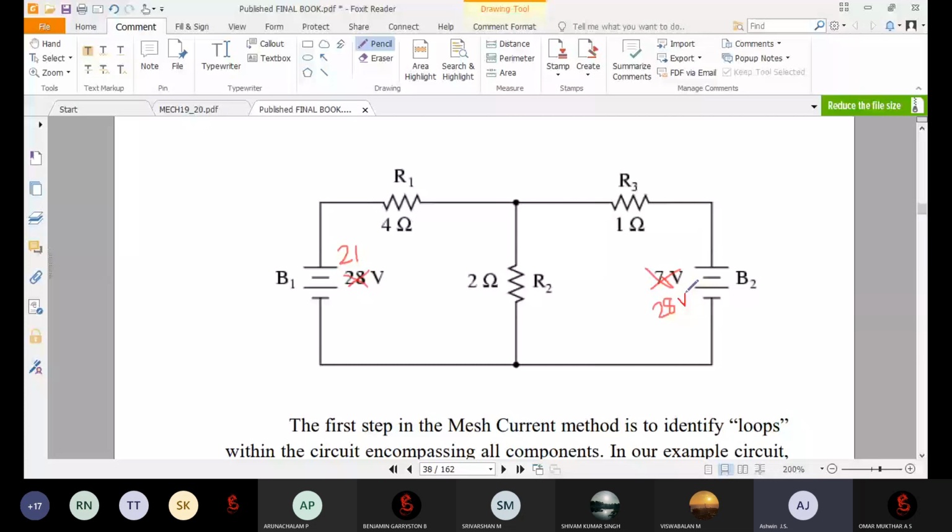Okay, what will be your R1? I'm asking you to change the value so that you practice one more problem. Let's give it in terms of kilo ohm. Kilo ohm is better.